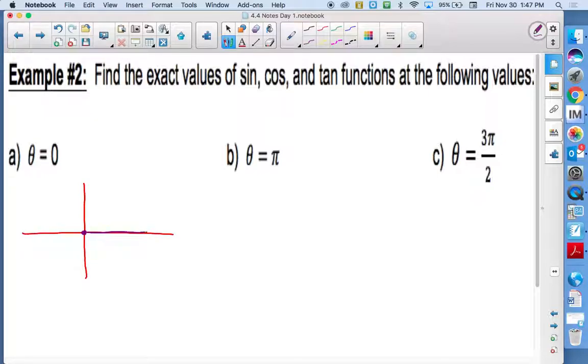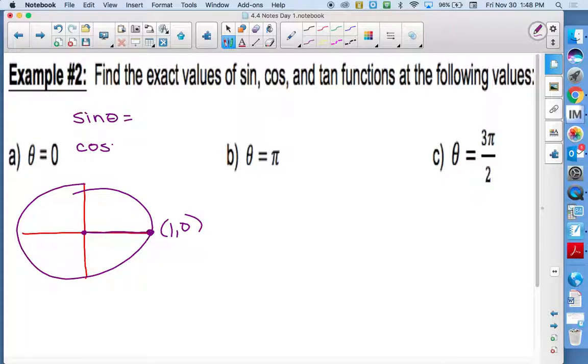But if we have a 0-degree angle, here we go, we're at the edge of the circle. Chelsea, what's the ordered pair at the edge of a circle for a 0-degree angle? 1, 0. So what is the sine, Chelsea? It's 0.